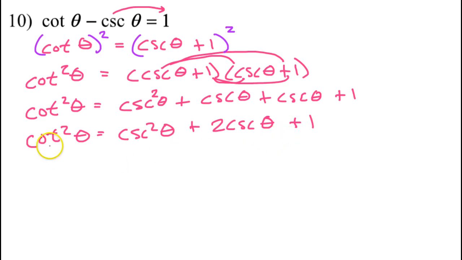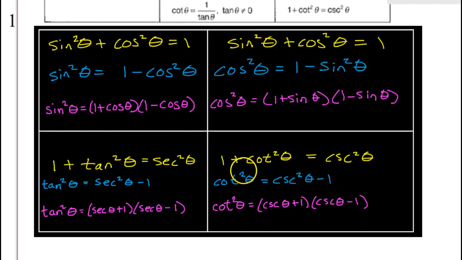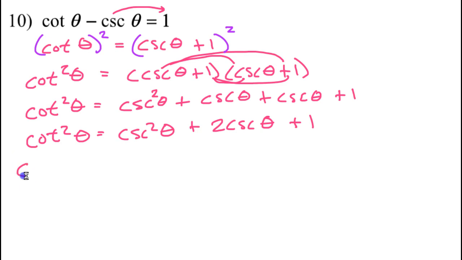Okay, now I have cotangent squared. That's going to be on the chart. So let's see. Cotangent squared is equal to cosecant squared minus 1. So here we go.